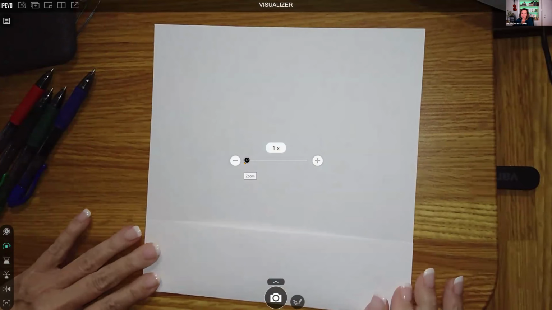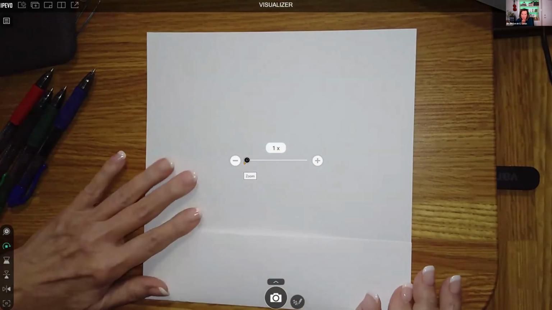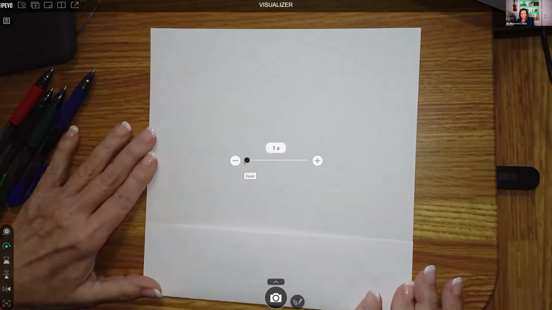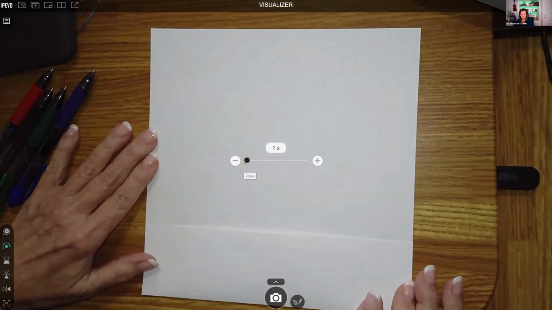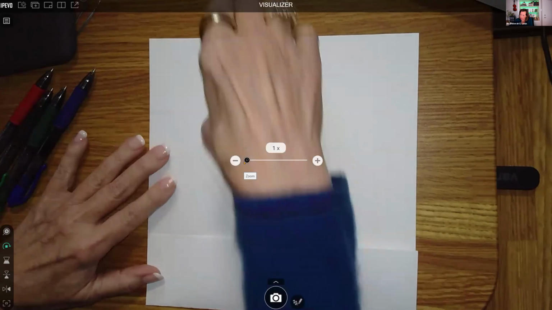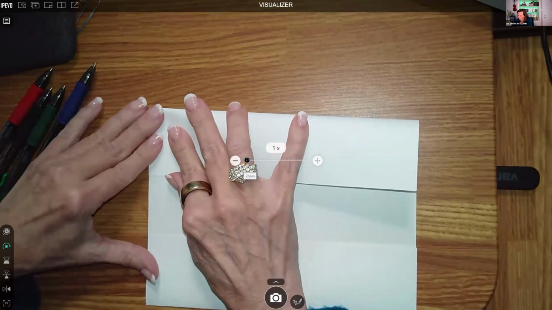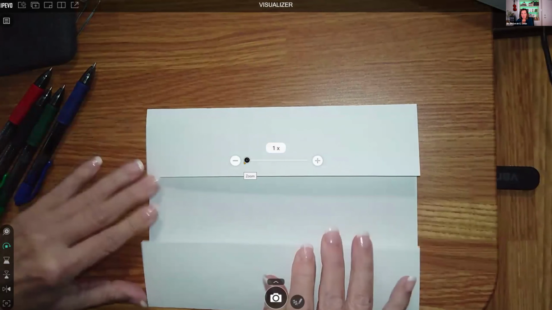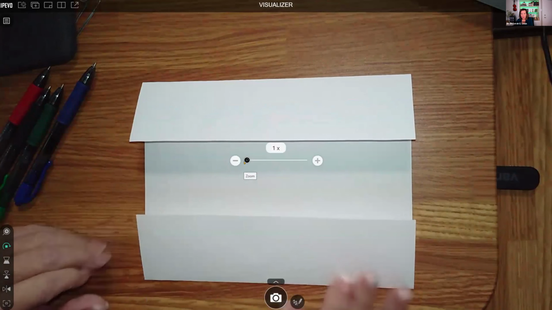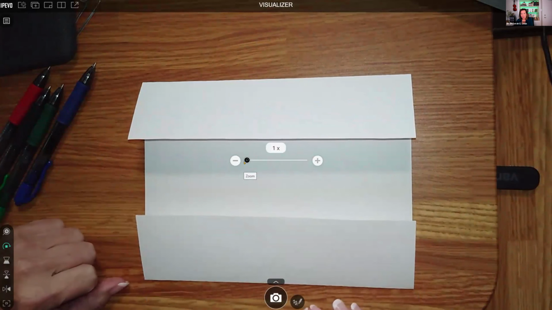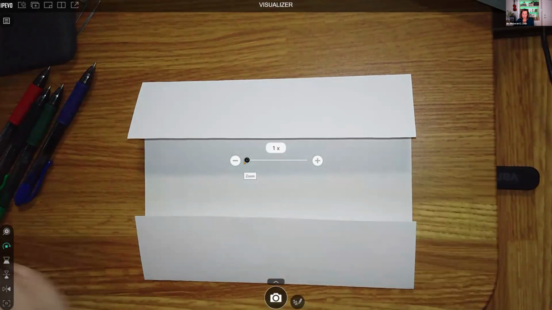I know Alma sent you a reminder asking you to bring blank pages, so I'm hoping that you did that. And then at the top of the page, come down 2 inches. Fold 2 inches. So you fold up 2 inches and then you fold down 2 inches.